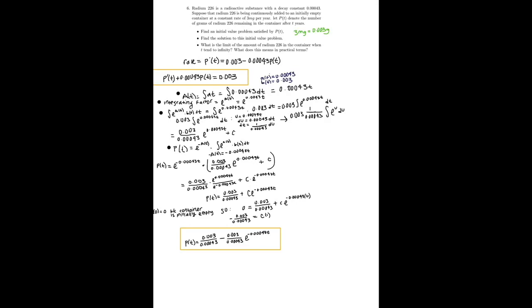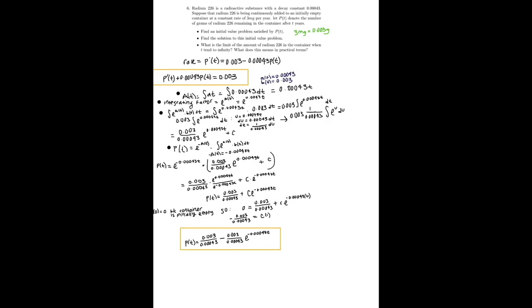Since A of t is 0.00043t, negative A of t is negative 0.00043t. So P of t is equal to e to the negative 0.00043t multiplied by the integral that we solved earlier, which is 0.003 divided by 0.00043 times e to the power of 0.00043t plus c.